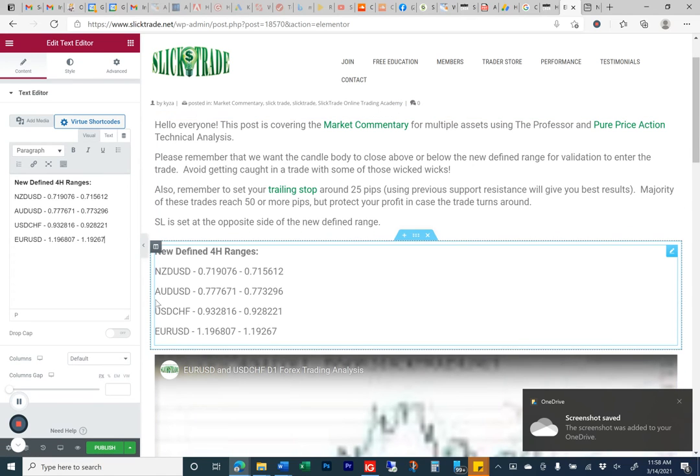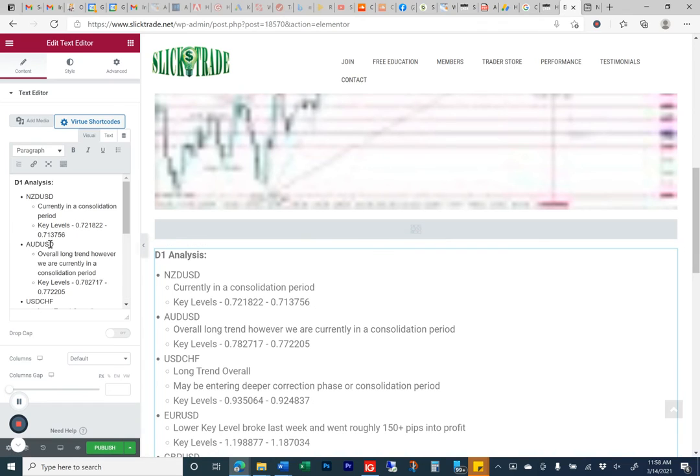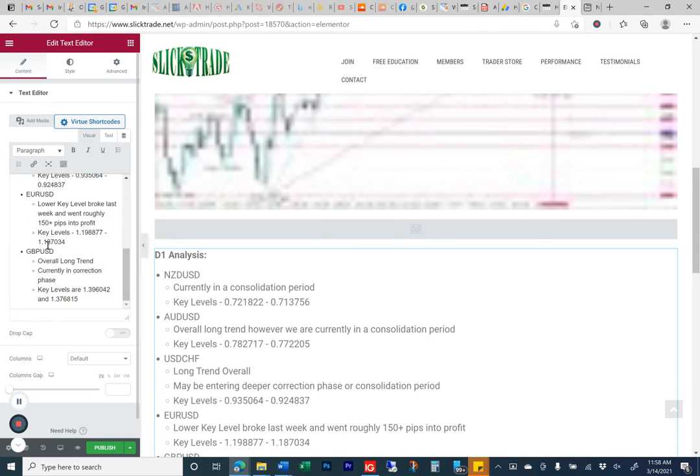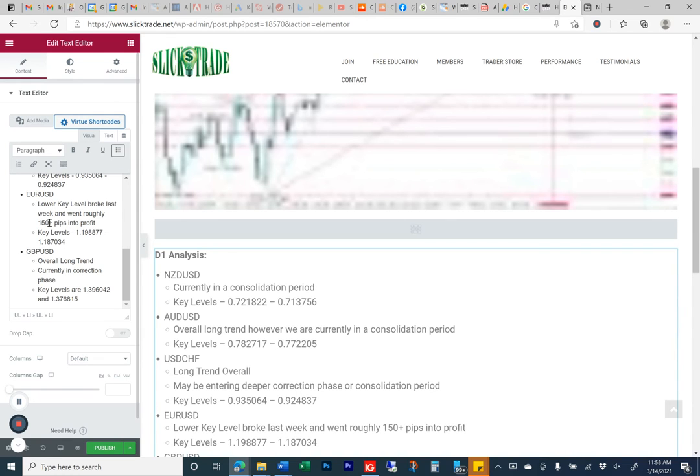We are set up for a real nice reversal, but you don't want to get stuck in those consolidation periods. This did break.